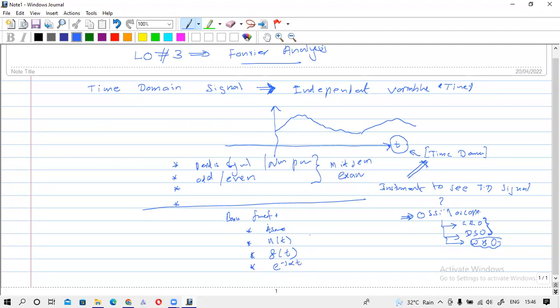So under basic functions, mainly sinusoidal signal, unit step function, unit impulse function, and complex exponential function, these four we have discussed.